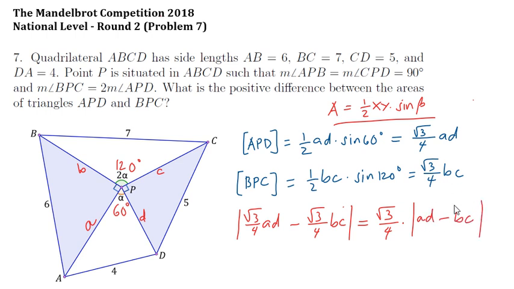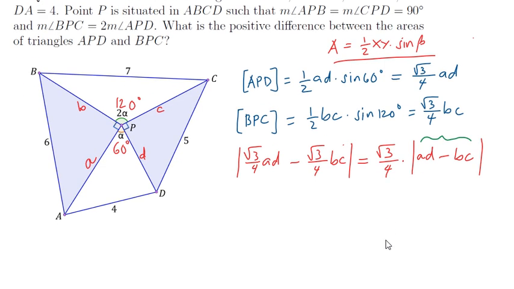We just need to find the value of this expression inside, and then we are done, right? But the next question is, how can we come up with some other equations that contain the products AD and BC? This time, I'll use the law of cosines to come up with such equations.